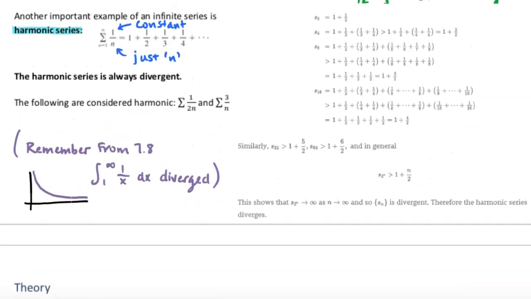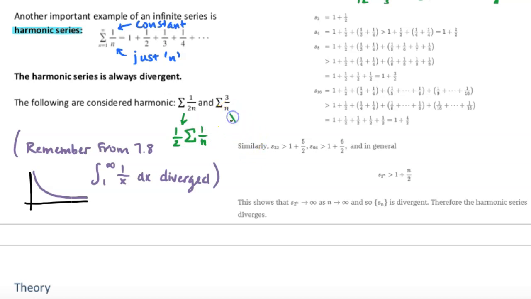Just one more thing to note here. The following series are both still harmonic because, much like an integral, I can take any coefficient out to the front of this summation. So I can call this 1 over 2n. I can say that this is the same as 1/2 times the sum of the harmonic series 1 over n.